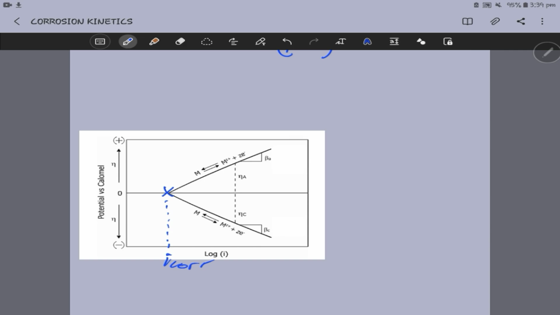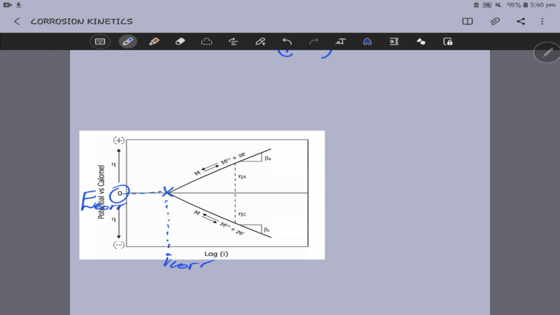This is the current density at which corrosion begins to occur. And on this side, where the potential is, we translate this to just the potential, and we end up getting what we call the corrosion potential.